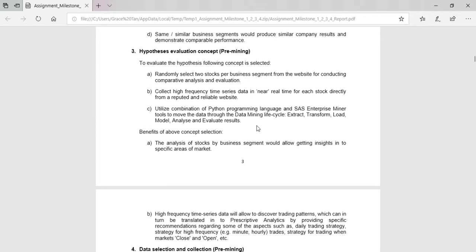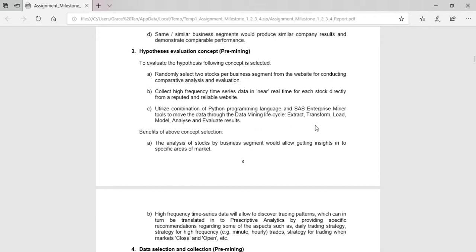The tools that we would be using to perform the data mining on the collected data: we will be primarily producing code in Python, which will do all the dirty work of cleaning, extracting, transforming, and loading of the data.